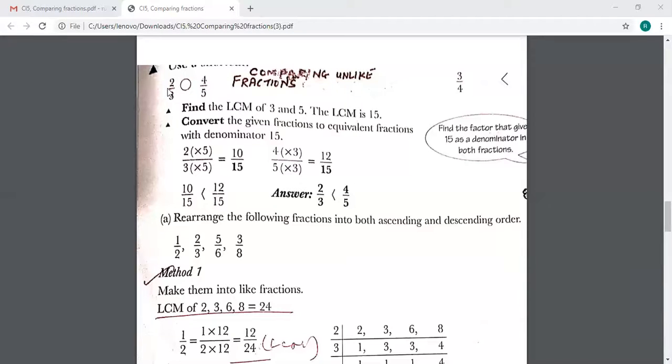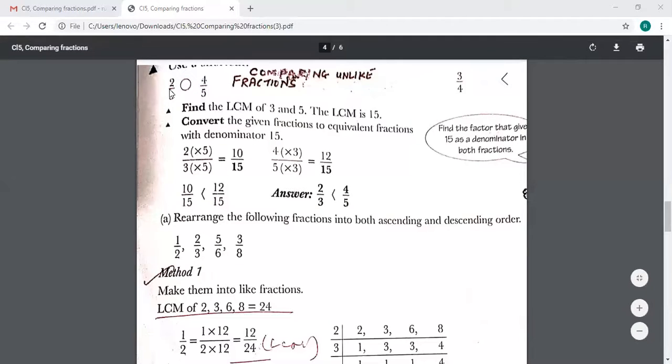You don't get someone else, a staff or someone else going in. You get a substitute teacher who can replace the teacher. Someone equal, isn't it? So here also, when we are not able to work with 2 by 3 and 4 by 5, we find one fraction equal to 2 by 3 and one fraction equal to 4 by 5. And how can we do that?